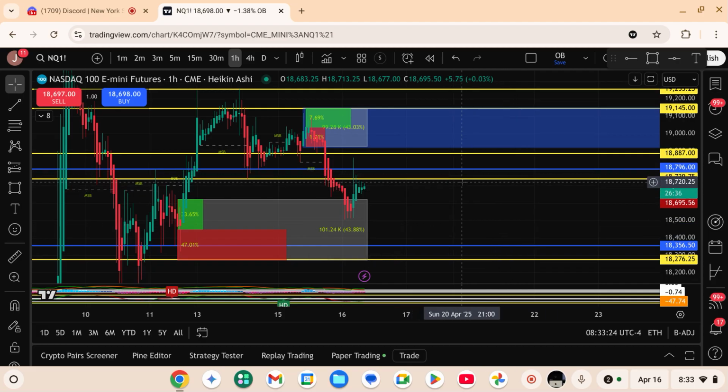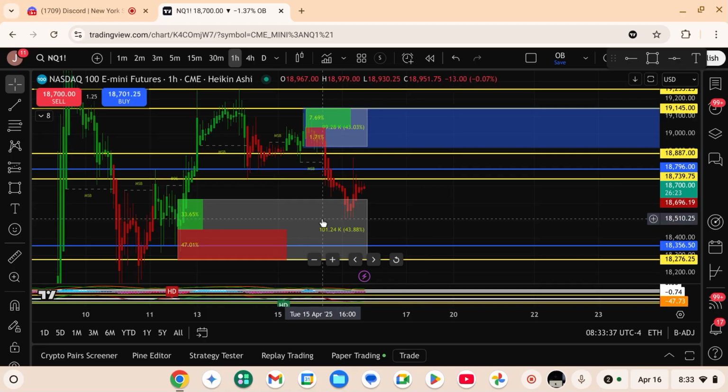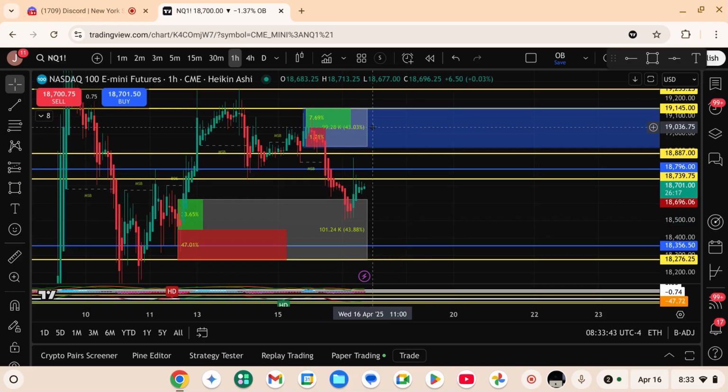This, it looks like it's just gonna chop today, based off of how tight these ranges are, and then you got order blocks right above and below, key levels, like this order block here, and then this order block here.